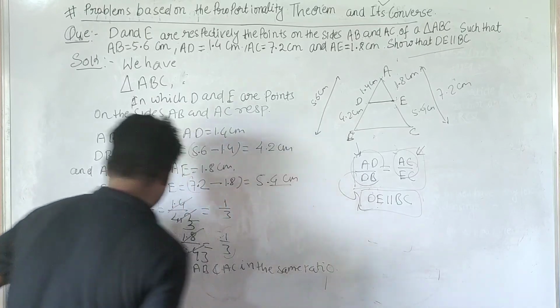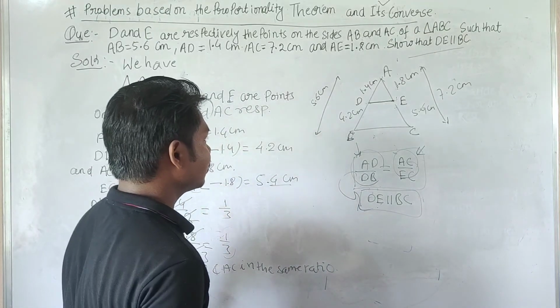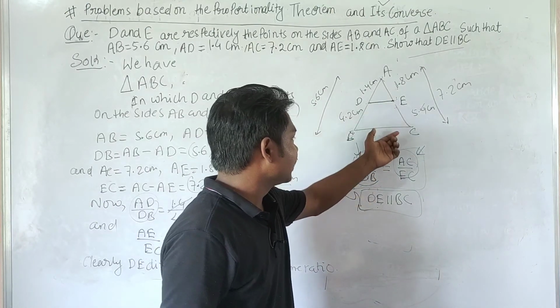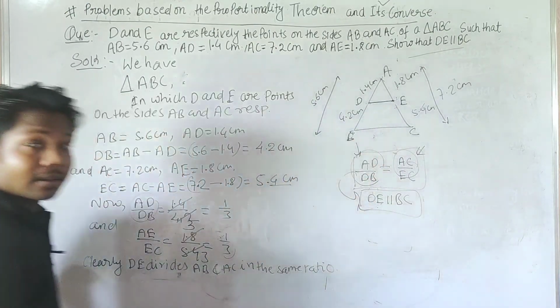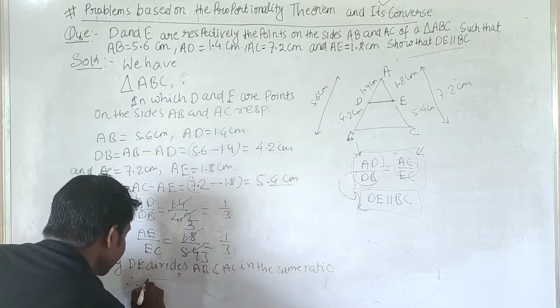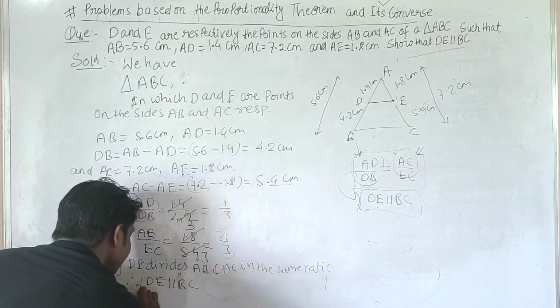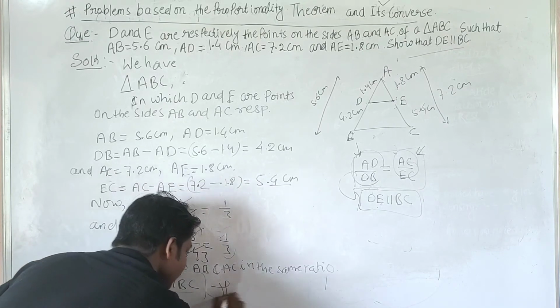And if DE divides AB and AC in the same ratio, hence DE is parallel to BC. So therefore DE is parallel to BC. This is the result.